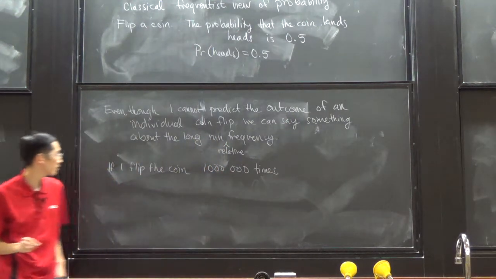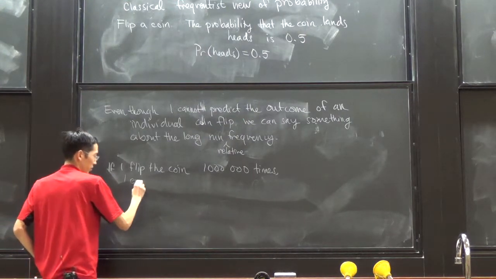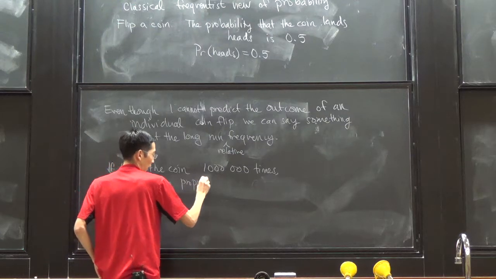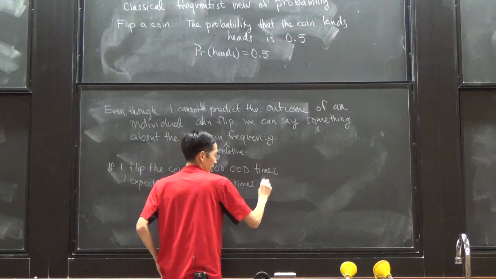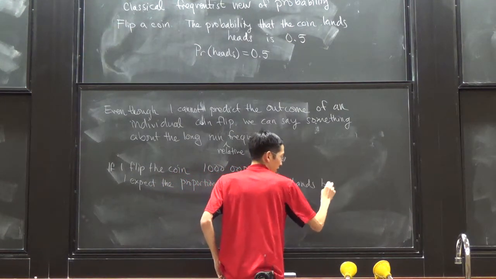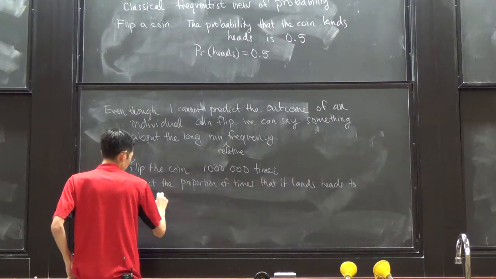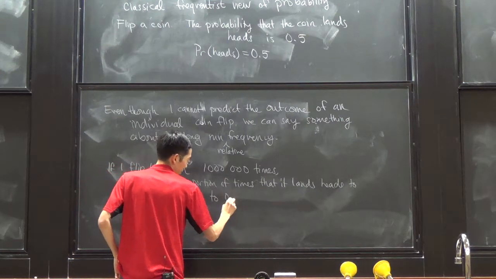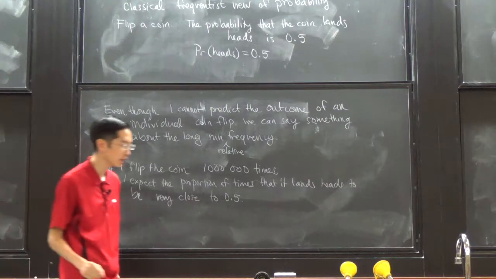If I flip the coin a million times, I expect the proportion of times that it lands heads to be very close to 0.5. Will it be exactly 0.5?